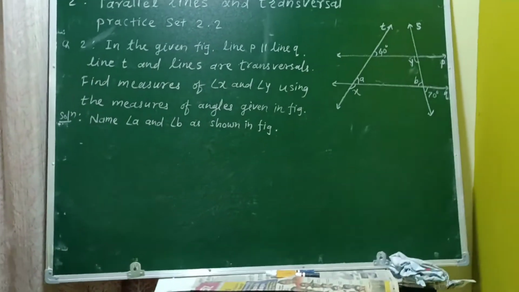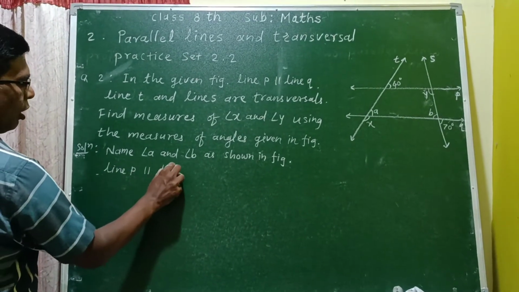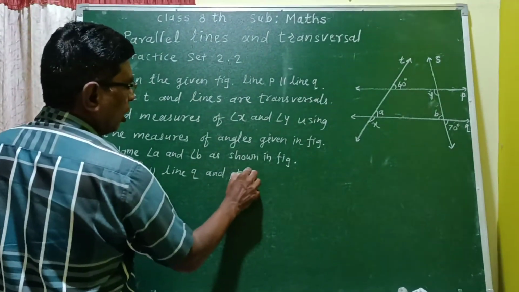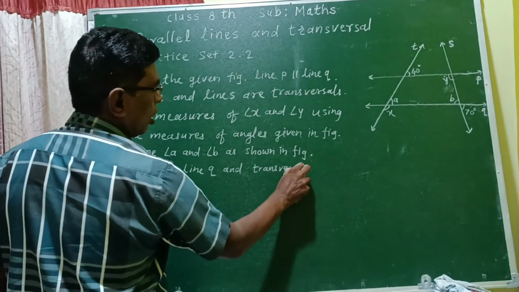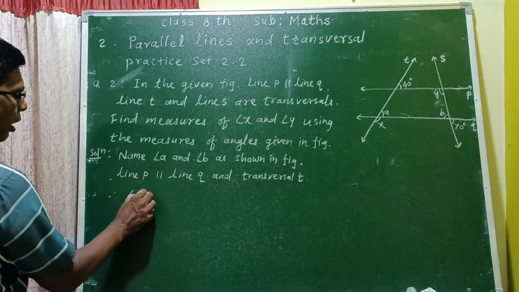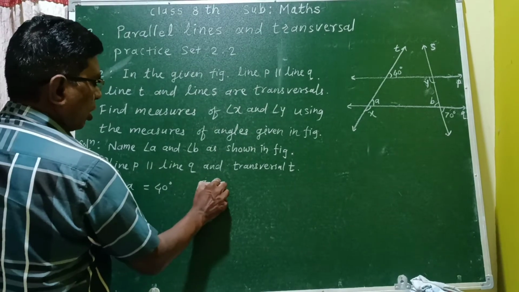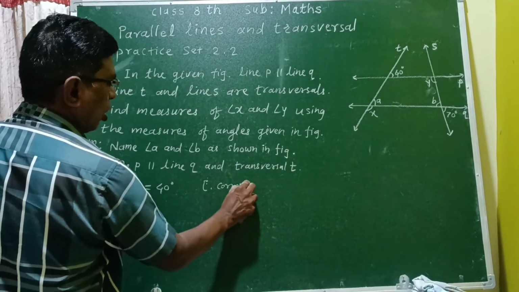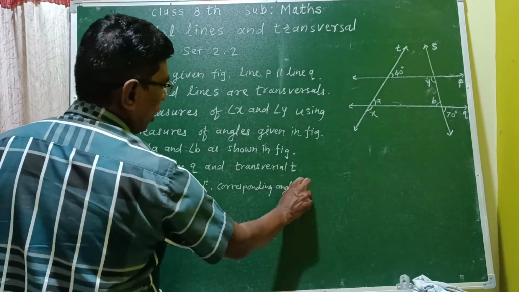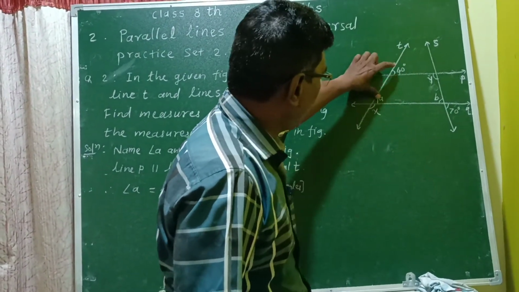Now, line P is parallel to line Q and T is the transversal. Therefore, angle A is equal to 40 degrees, as corresponding angles are congruent.